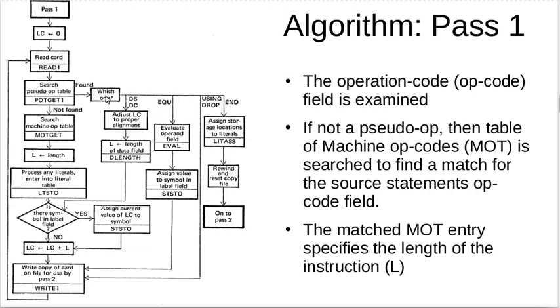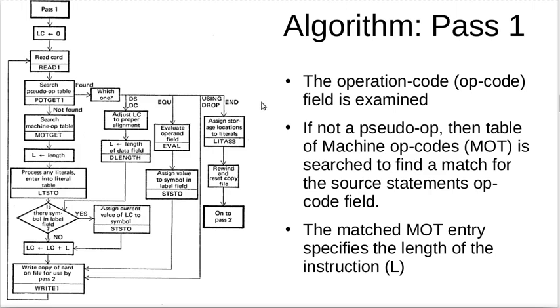If it is a pseudo op, then we move to the right hand side of this flowchart. If it is not a pseudo op, we move downwards. So if not a pseudo op, the table of machine opcodes is searched to find a match for the source statement's opcode field. The matched MOT entry specifies the length of the instruction.